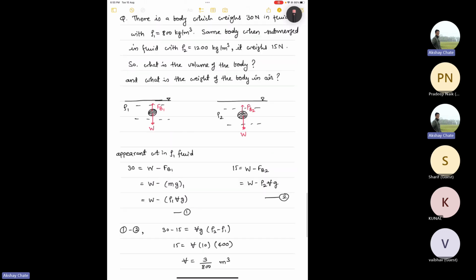It should not happen this way. 800, 15, 10, 400, 15 by 4000. One second, let me just check where that question was taken from, because see, the first part is correct. This volume is correct, which was asked here.